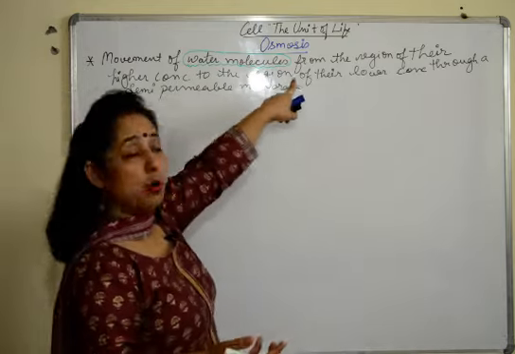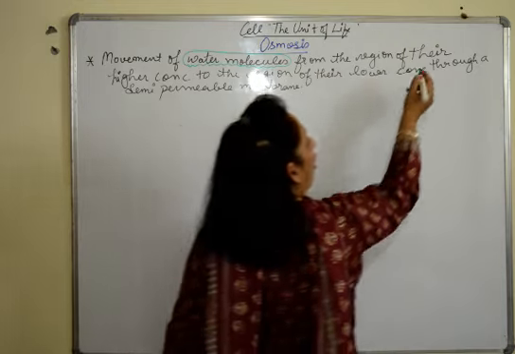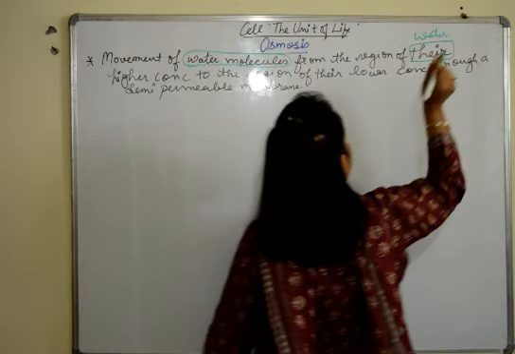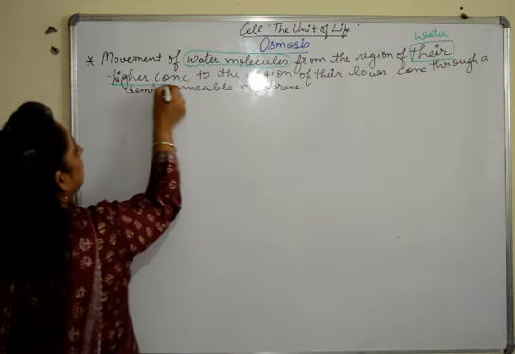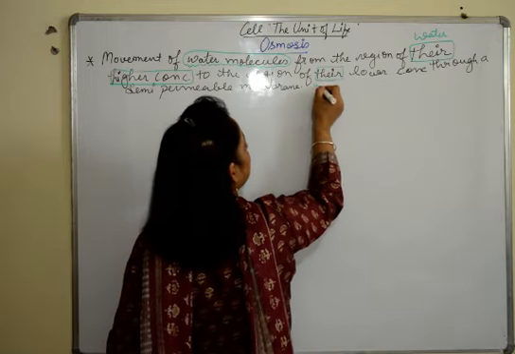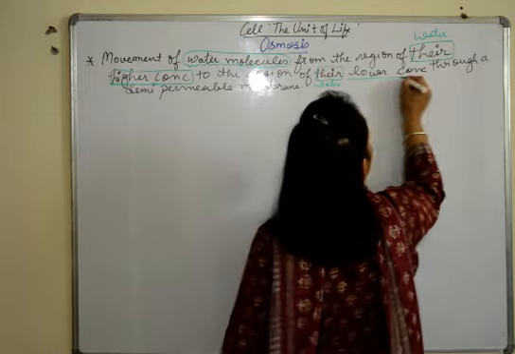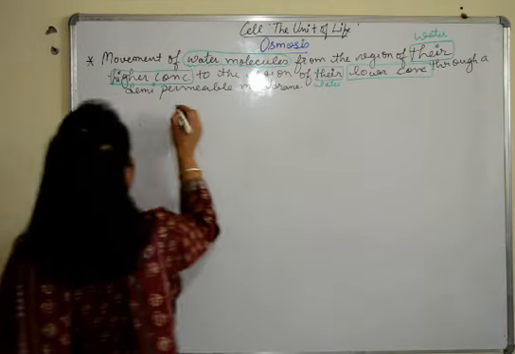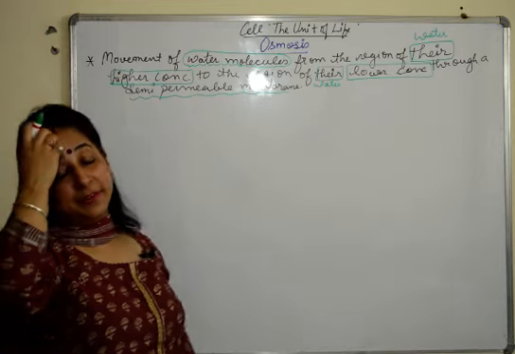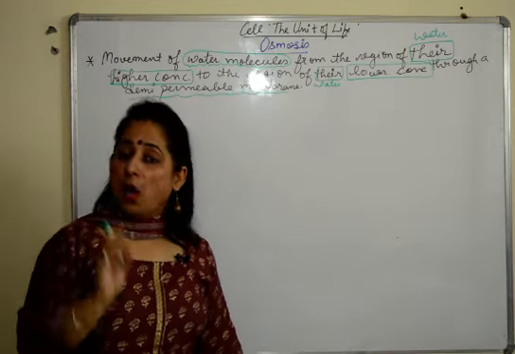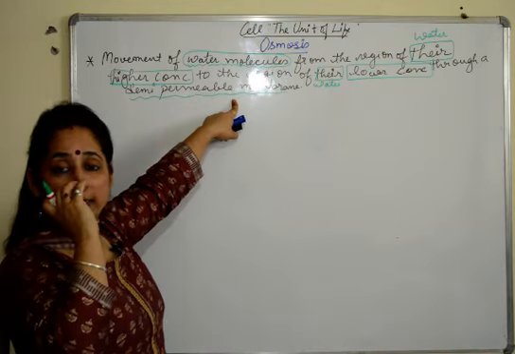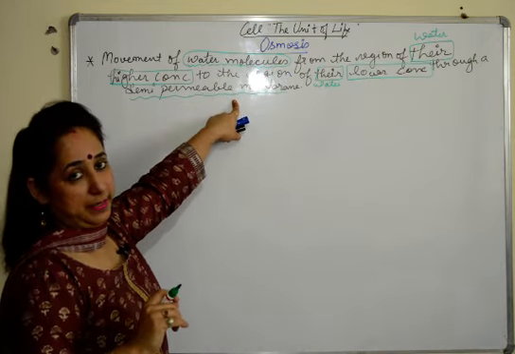So movement of water molecules from the region of their higher concentration to their lower concentration through a semi-permeable membrane. If you do not write semi-permeable membrane, your definition is wrong, because osmosis will never take place without a semi-permeable membrane.